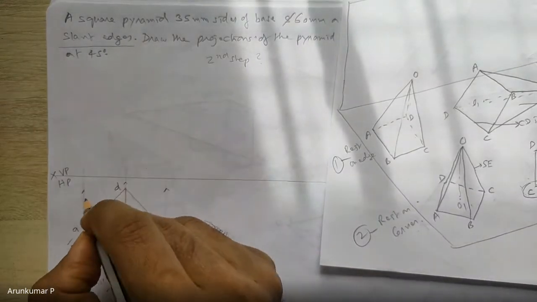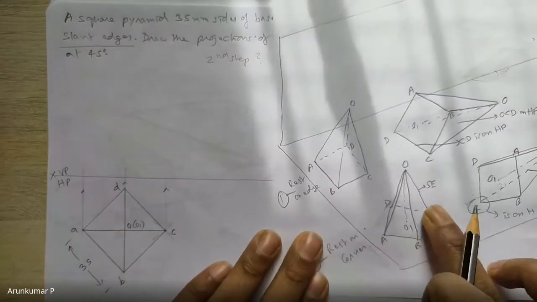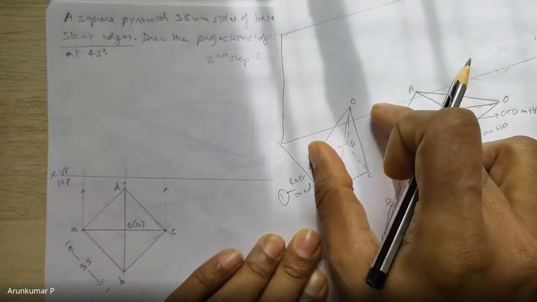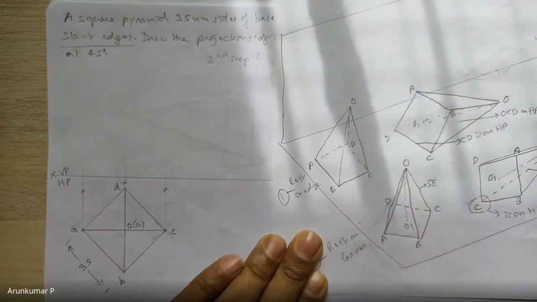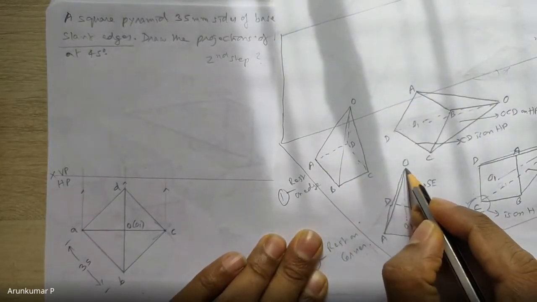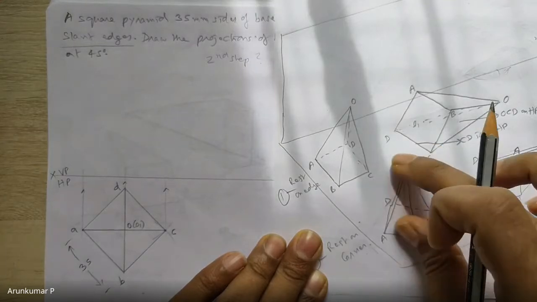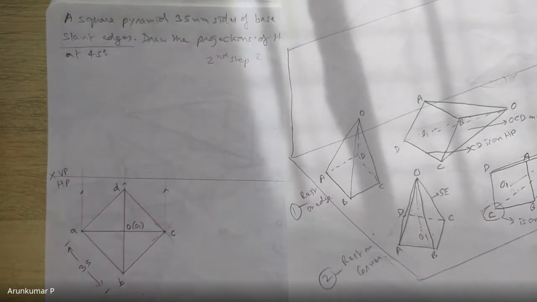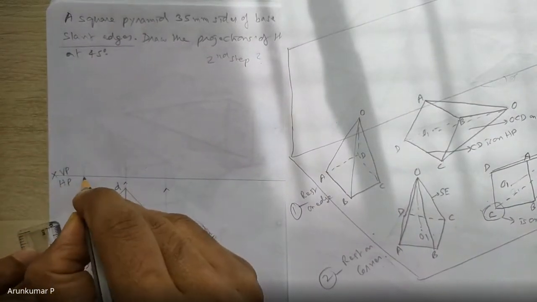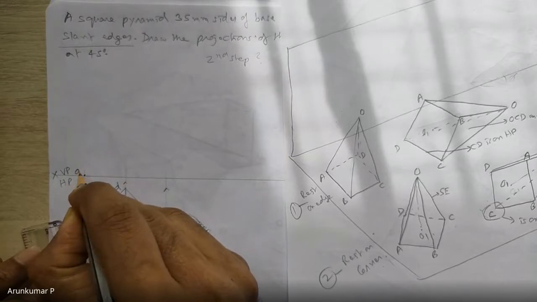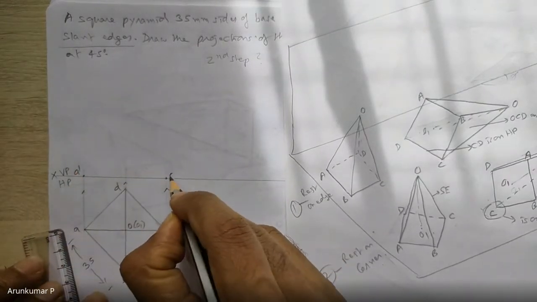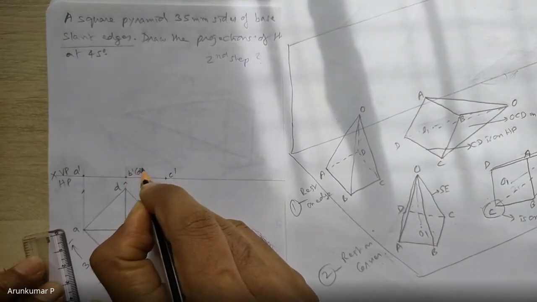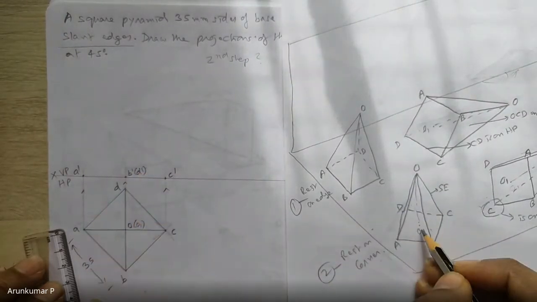Now what you will observe is, since the base ABCD is on HP, all these points of the front view will be on the XY line. Only the front view of O, the apex, will be 60 mm above the XY line. So this point would be A dash, this point would be C dash, and this point at the center would be B dash into bracket D dash, and of course don't forget O1.